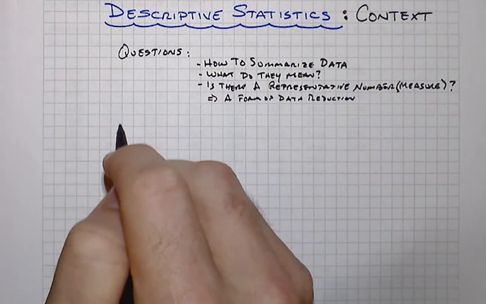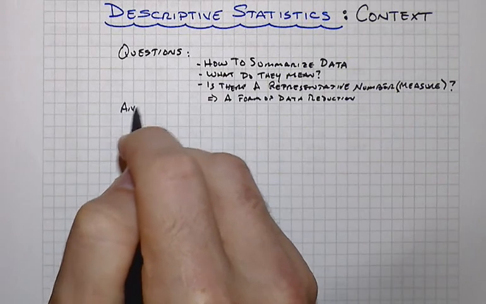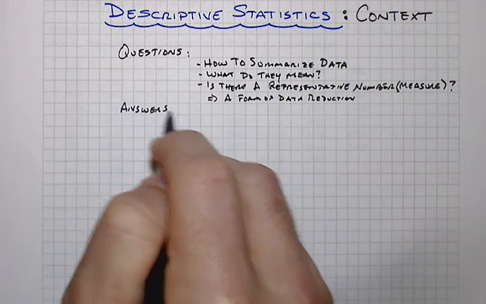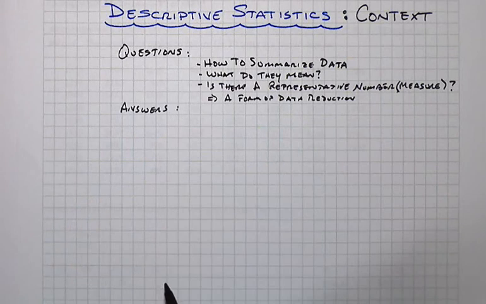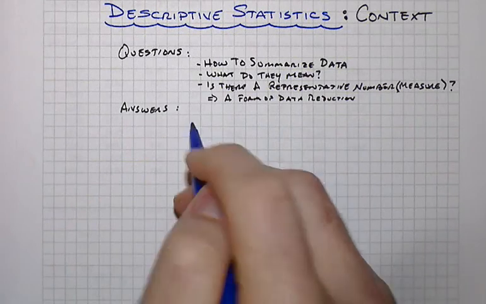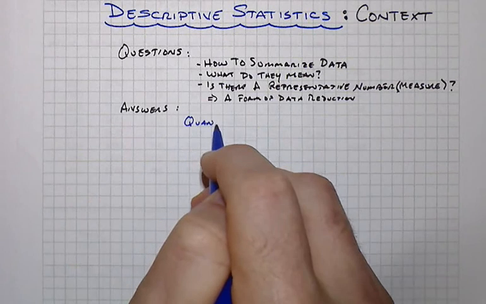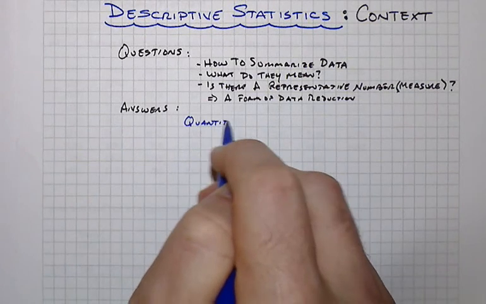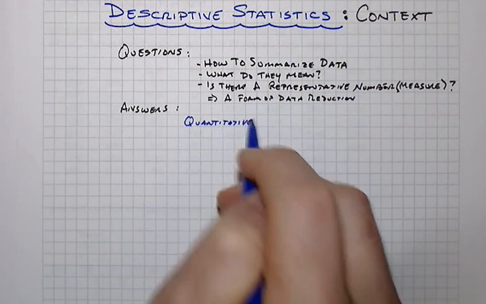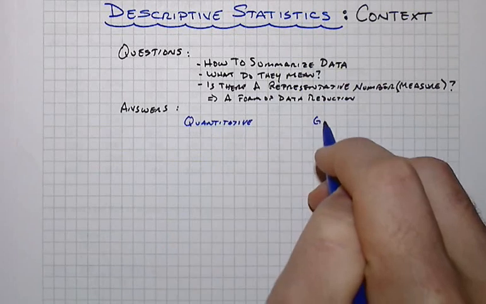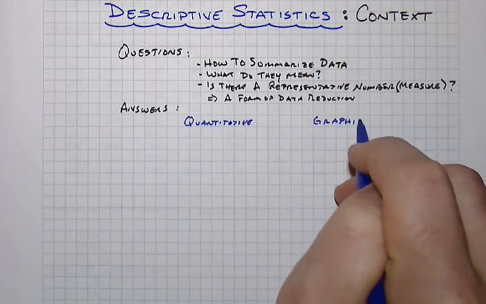And the answers that we're going to develop are going to come from a variety of tools. Those tools are going to tend to be either quantitative in nature or graphical in nature.